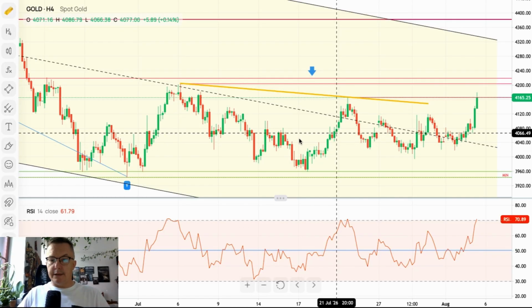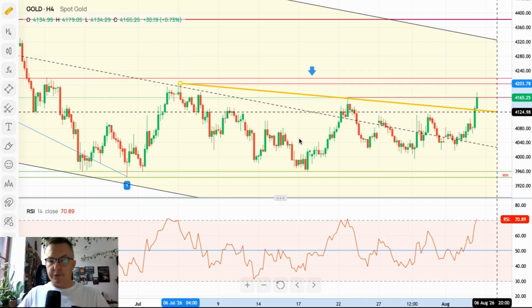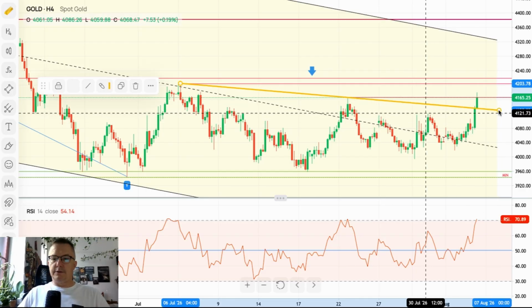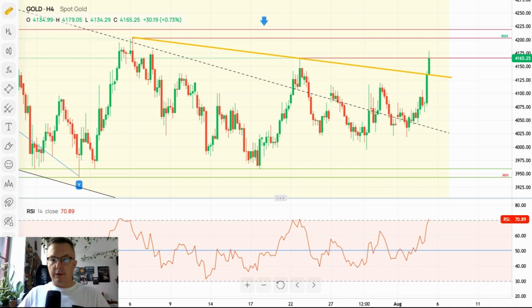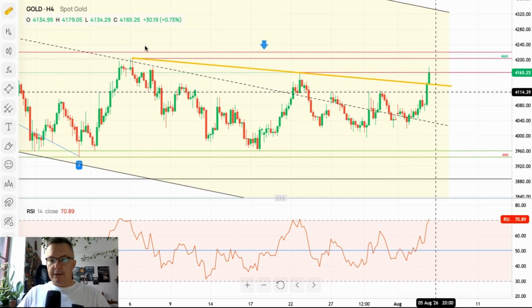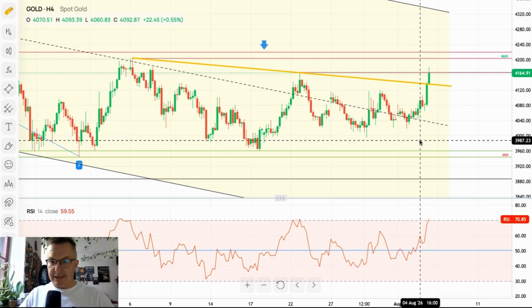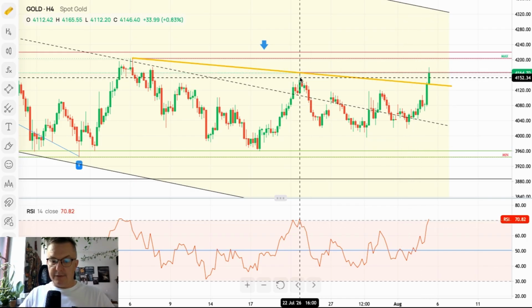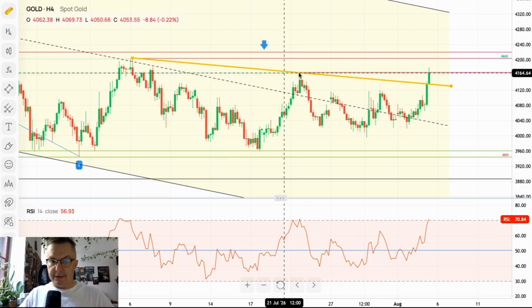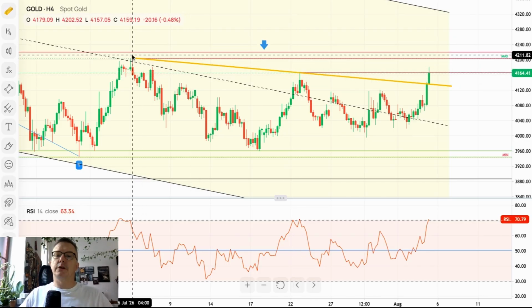Gold market breaking higher. We just took off the local trend line resistance, the yellow one, or the gold one. Gold is breaking above the gold technical trend line, and we are testing the swing high from July 22nd at 4,165. Any breakout higher opens the road towards the major short-term technical resistance 4,222.